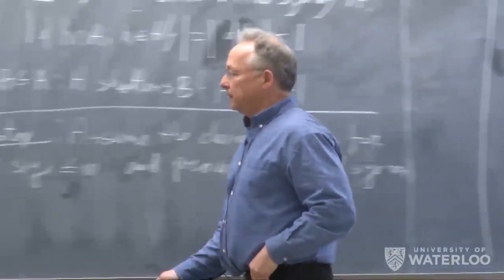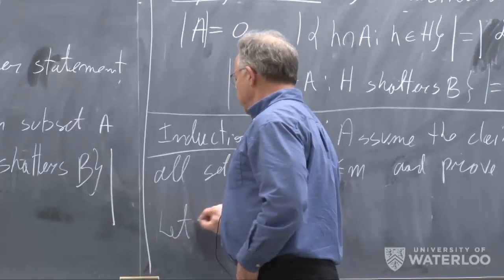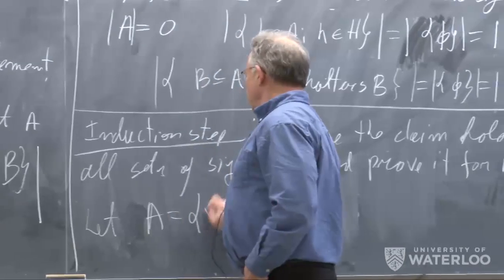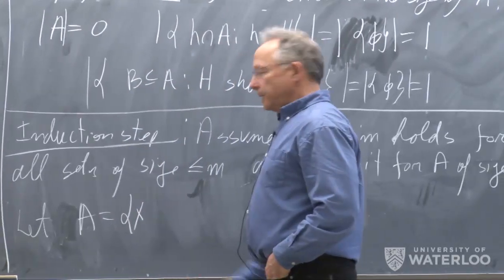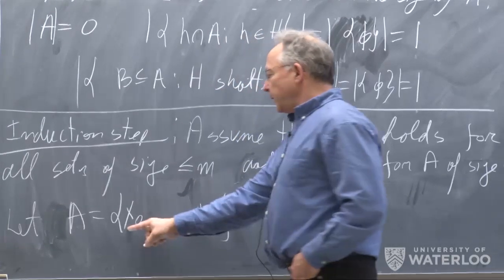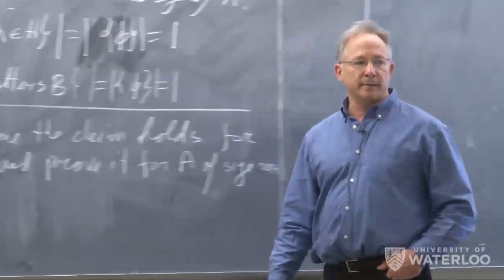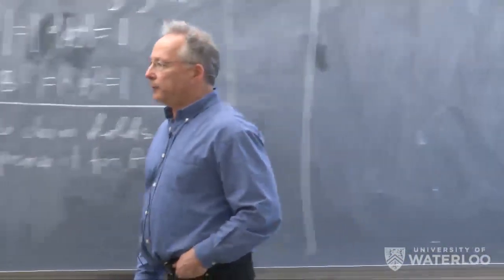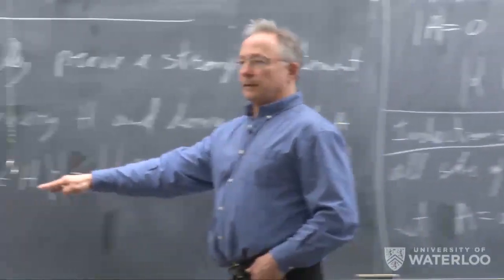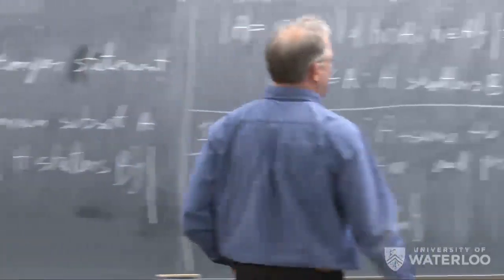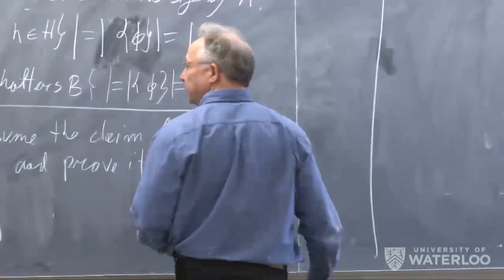So let us just name the elements of A. Let A be x0 up to xm. So I have here m plus 1 many elements. And I want to count how many behaviors I have on A. So let me maybe go back to this board.